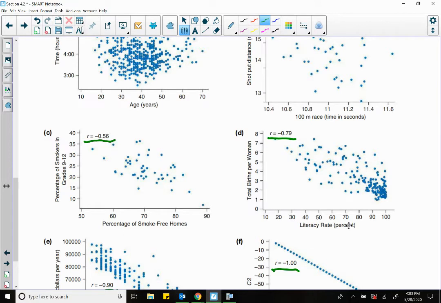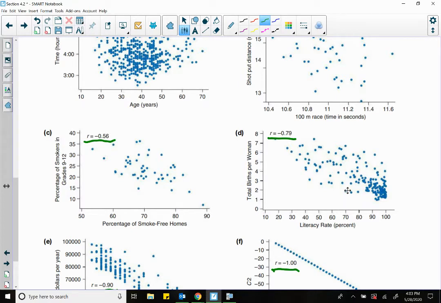As your literacy rate goes up, the more literate you are, notice the babies went down. You've seen that graph before. This isn't a new graph. So that means the more you read, the fewer babies you will have. Is that true? No. Just because you're very illiterate doesn't mean you can't have lots of babies.